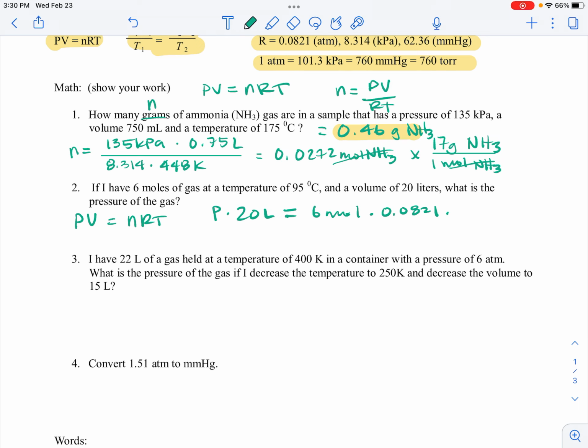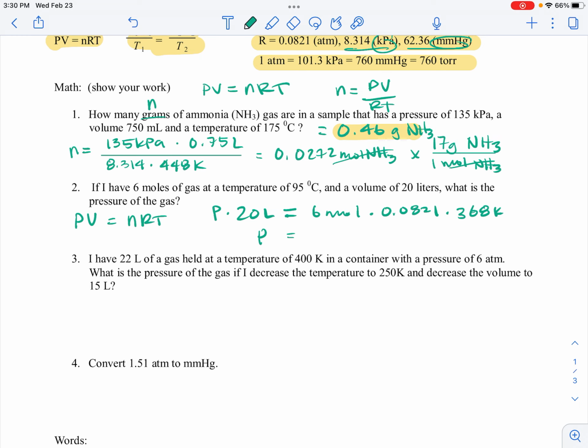You can pick for kPa or for millimeters of mercury. Whichever one you pick is going to give you that pressure. So if you pick 8.314, your answer is going to be in kPa. If you pick 62.36, your answer is going to be in millimeters of mercury. And what's last? Temperature 95 degrees Celsius is going to be 368 Kelvin. So then we're going to divide both sides by 20 to get pressure.